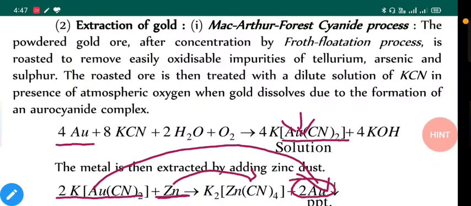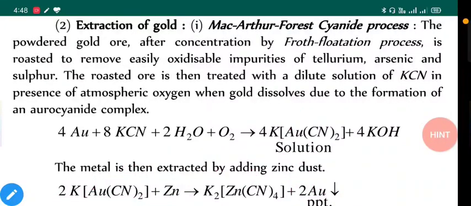Metallic gold, that means atomic gold, is not soluble and that's why it separates out from the solution. So by filtering again we get rid of the remaining impurities and get the solid state of gold. So this method is first make it soluble and then make it insoluble.